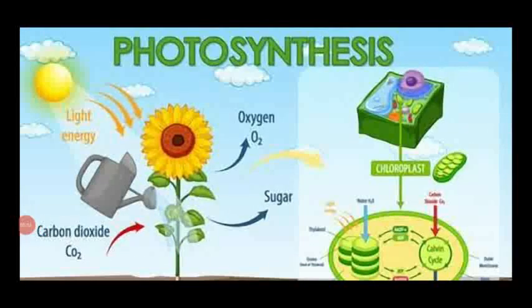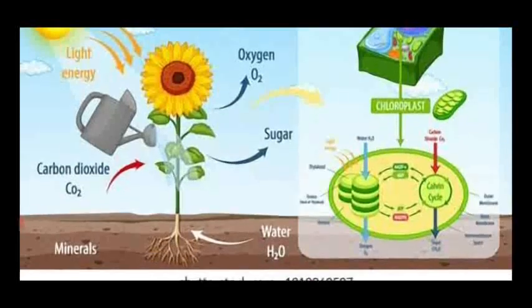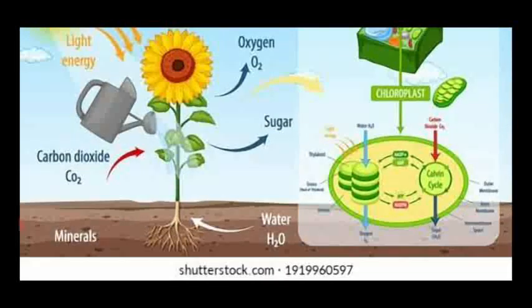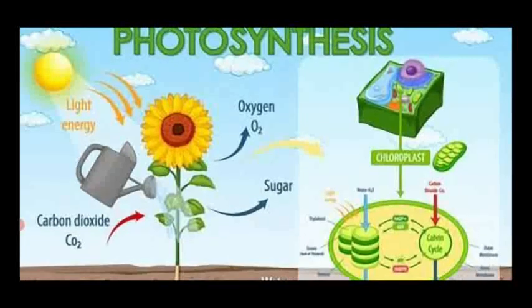Dear students, this is the diagram which shows the photosynthesis which occurs in nature. These are the plant parts: stem, leaf and flower, and the root which is present in the soil. With the help of the root only, they are absorbing water and mineral salts from the soil and transporting them to the leafy region.